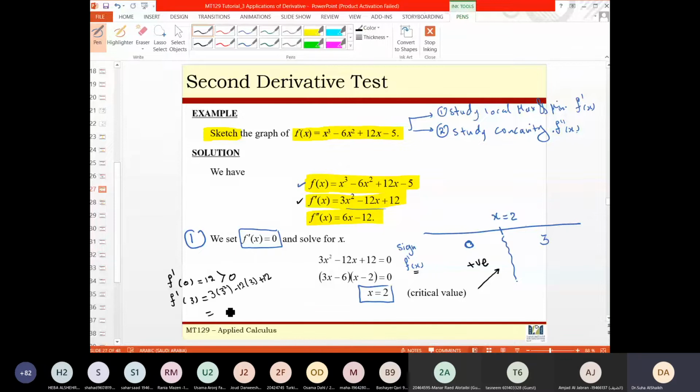This will be 3 times 9, which is 27, and this will be 36, and this will be 12. How much is this? Minus 15. Positive or negative? 3 or minus 15? 3.